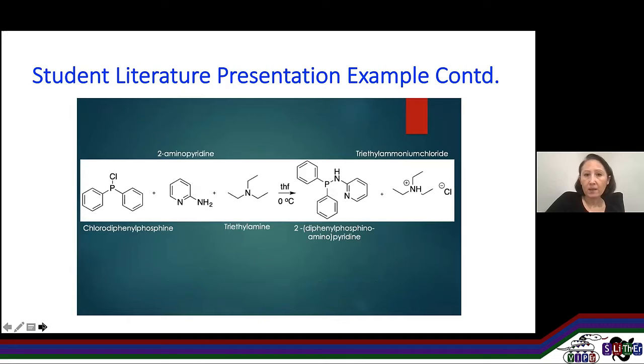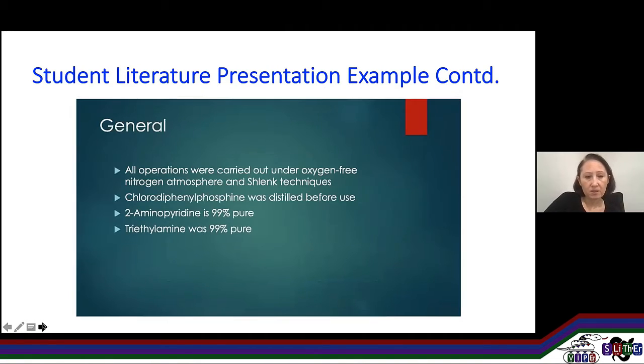And then we talk about naming. We go over the naming and then writing the reaction, balancing the reactions and such. And then in general, when we talk about the techniques, this is the first time they hear about Schlenk techniques or air-free nitrogen atmosphere. And then distillation, and how important it is for us as inorganic chemists.